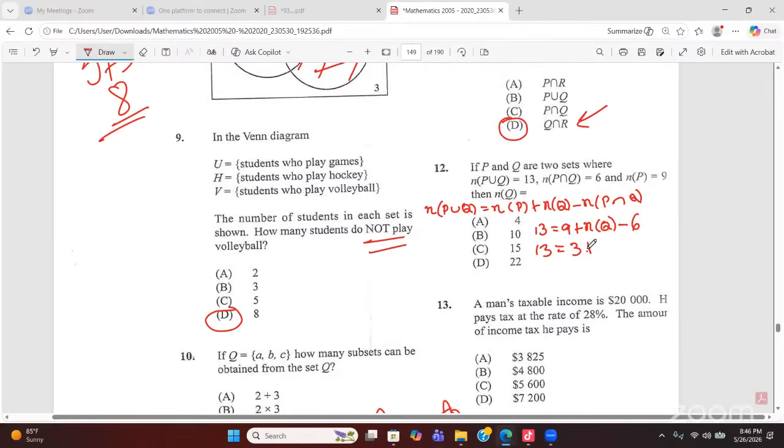So the answer is going to be 10. We subtract 3 from both sides, so 10 is equal to the number of elements in the set Q. This one is a little bit different in terms of what they asked for, but the formula remains the same.